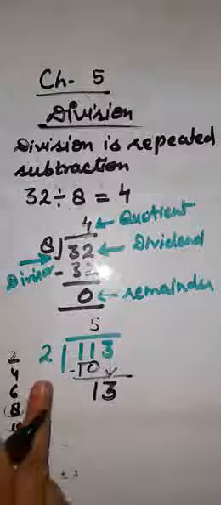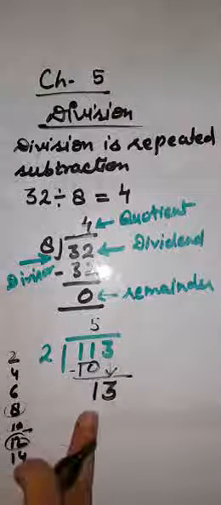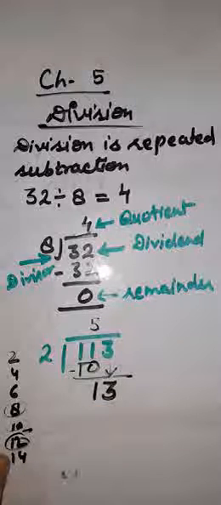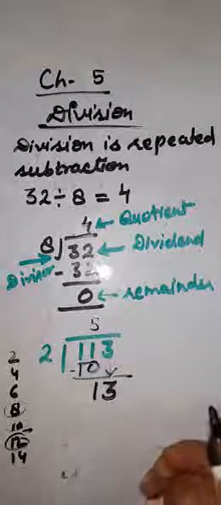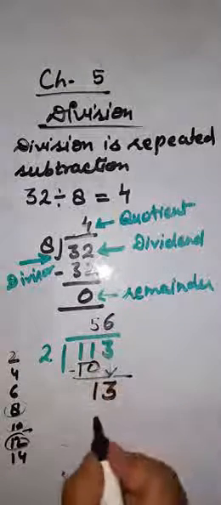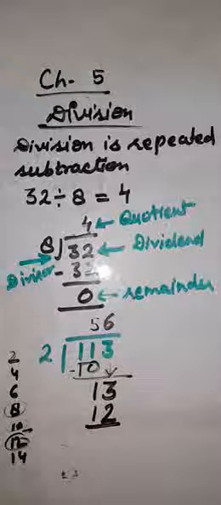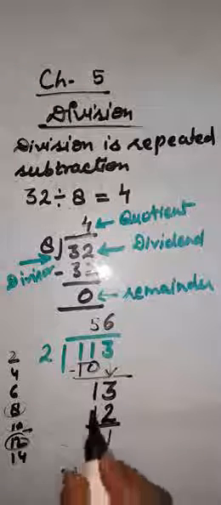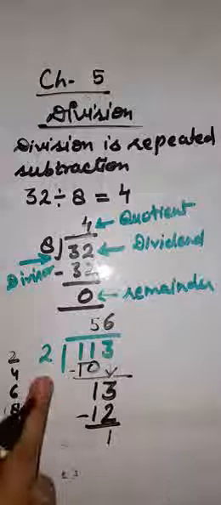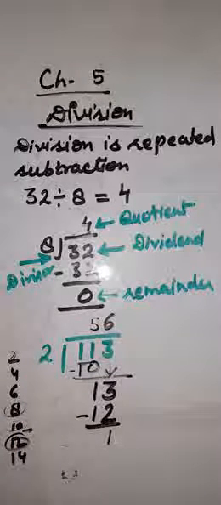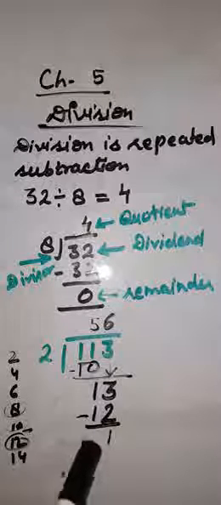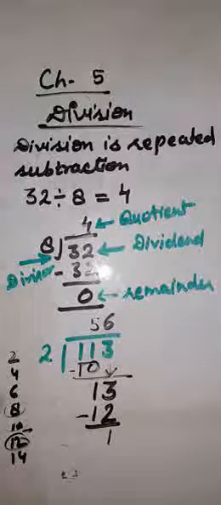13 does not come in the table of 2. The nearest number to 13 is 12. 2 6s are 12, so we will write 12 here. Now 3 minus 2, 1. 1 minus 1, 0. The number 1 is smaller than 2, so we can't divide it, because it is smaller than 2.